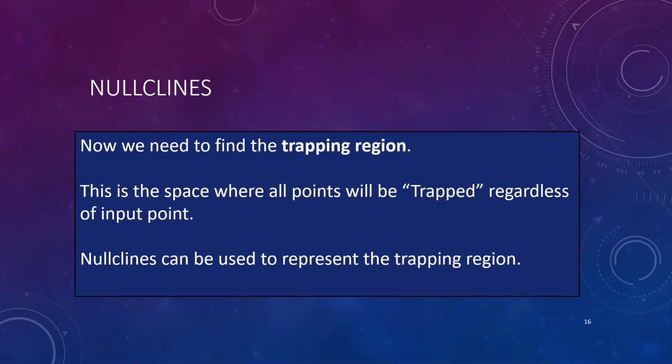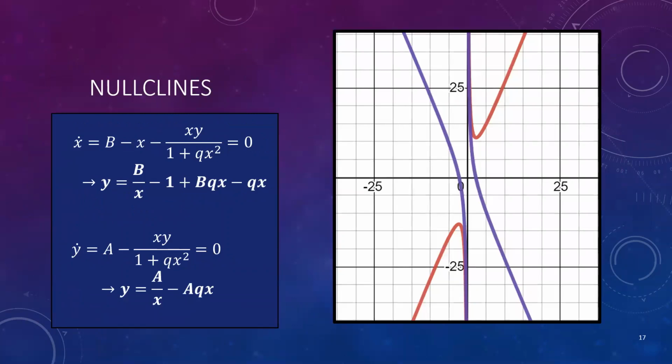To understand what a nullcline is, we can start with something very similar to how we did the fixed points. We need to set our main equations to 0. Once we set them to 0, we can solve for y to find the equation. In the next slide, I've done that for you.